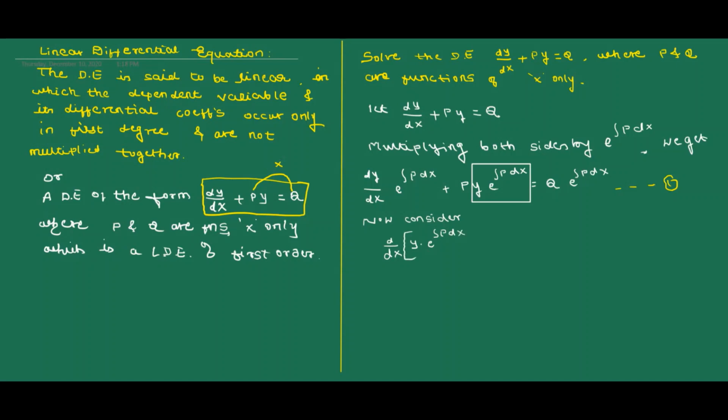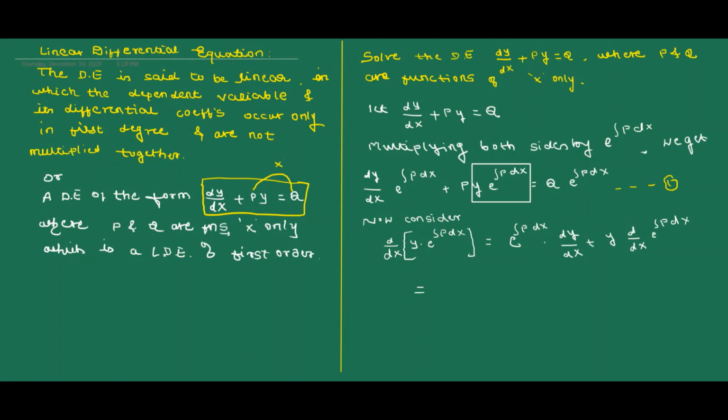We have to differentiate by using the product rule. First I will write e raised to integration of p into dx as it is, and differentiate the first term, which is dy by dx, plus the second term y as it is, and differentiate the second term, d by dx of e raised to integration of p into dx.